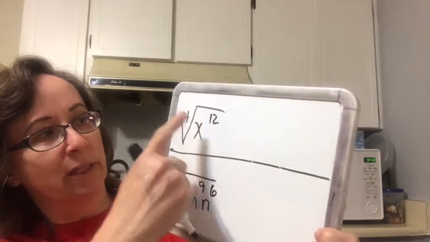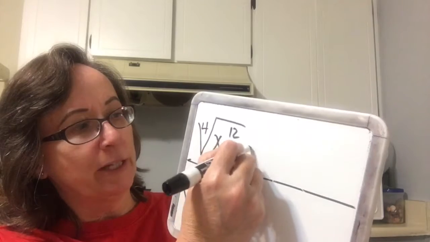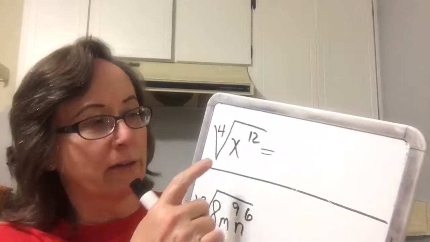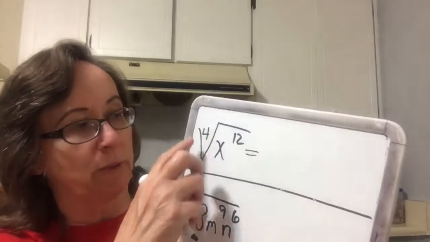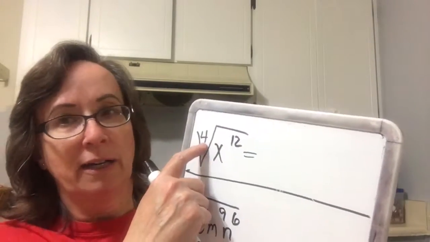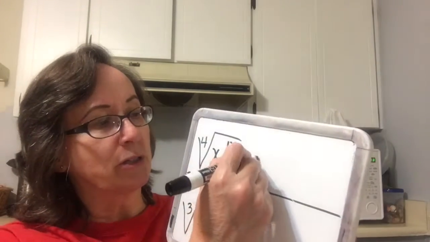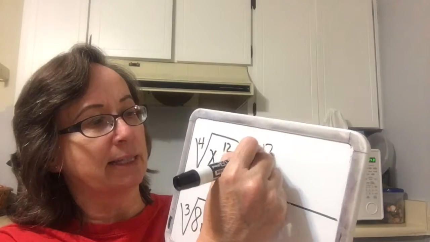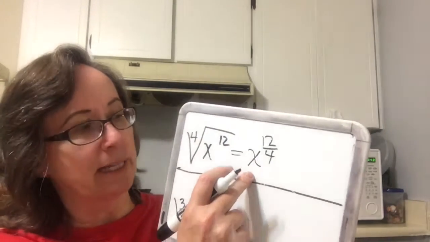We have a root and a 12th power, and we're going to remember our second rule of our higher powered roots, when we had a factor in our index and our power that were the same. We're going to just go ahead and write that as x to the 12 over 4 as a rational exponent.